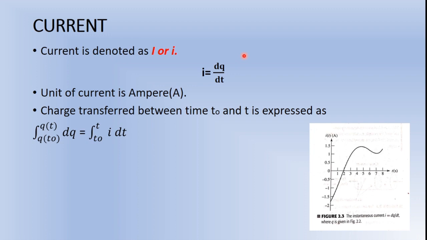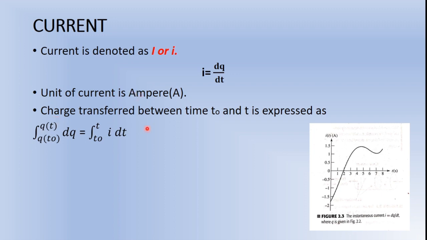There will be some difference from the starting point to the next point. So when something changes, we bring differentiation to that particular aspect. And current is nothing but the variation of a charge, which is dq, with respect to time. So it is divided by dt, where q represents the charge and t represents the time. And we very well know that the unit of current is ampere.